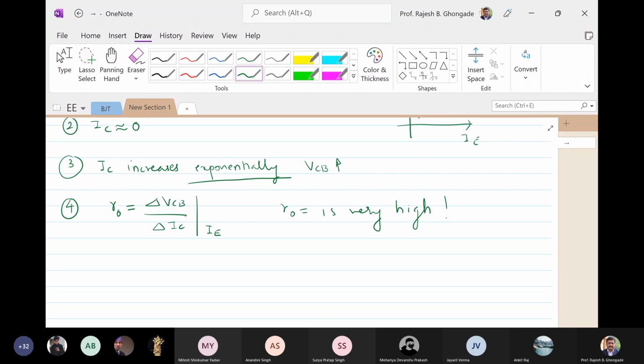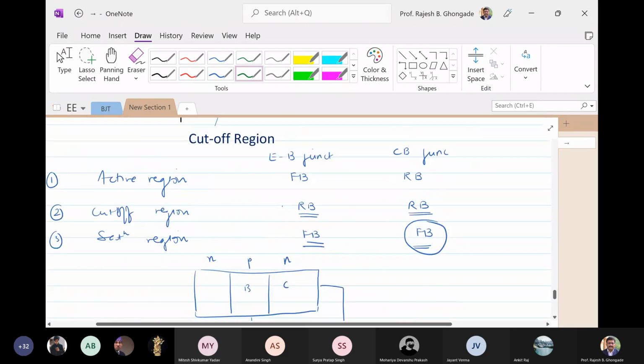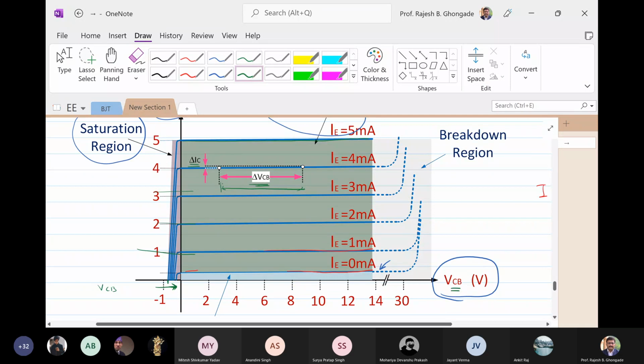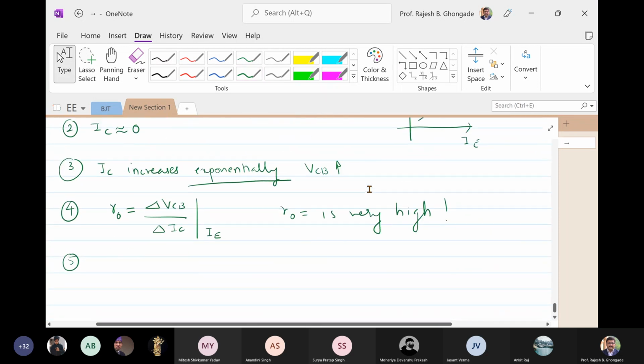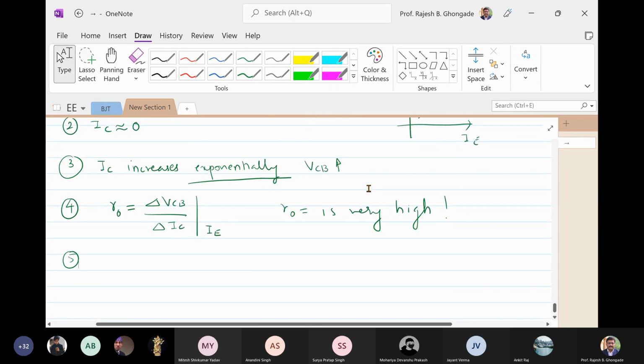और एक इंपॉर्टेंट चीज यहां पे दिख रही है हमको कि इवन इफ आई इंक्रीज VCB, मेरा कलेक्टर करंट ऑलमोस्ट कांस्टेंट रहता है. माय कलेक्टर करंट इज ऑलमोस्ट कांस्टेंट. तो आउटपुट वोल्टेज अगर मैं चेंज भी करता हूं तो आउटपुट करंट कांस्टेंट रहता है.